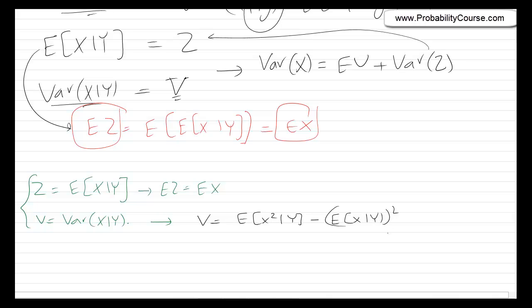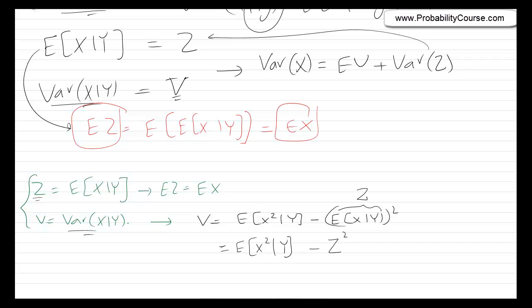Again, this is just the definition of conditional variance. However, this thing, E[x given y], is by definition the random variable z. So this is just the random variable z squared. Let me rewrite it here: E[x squared given y] minus z squared.